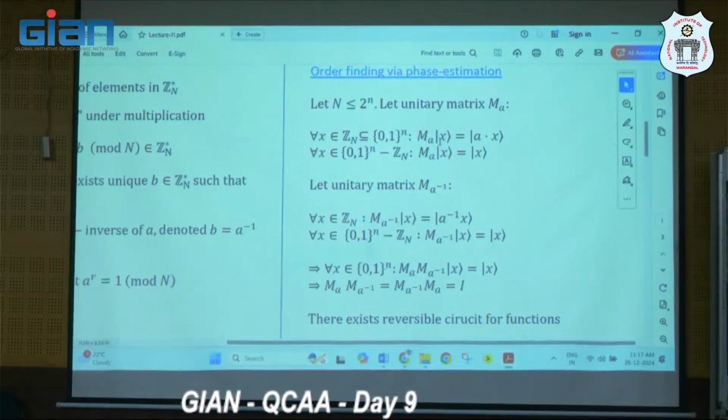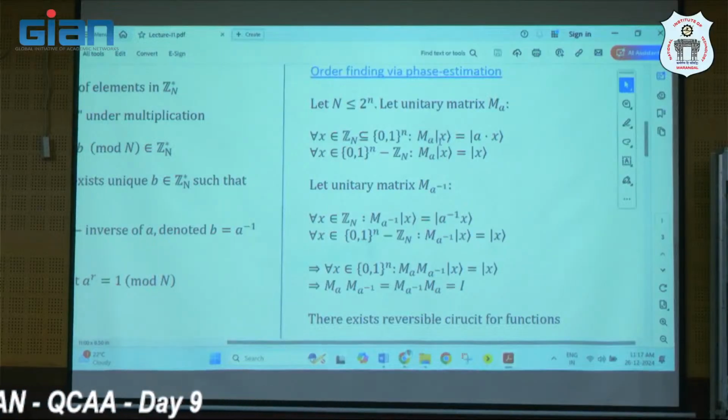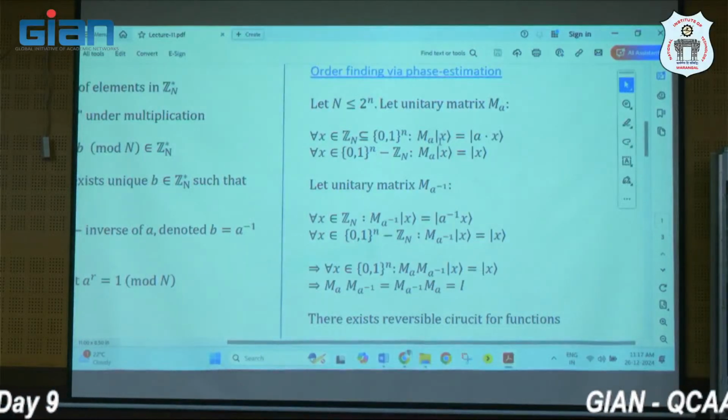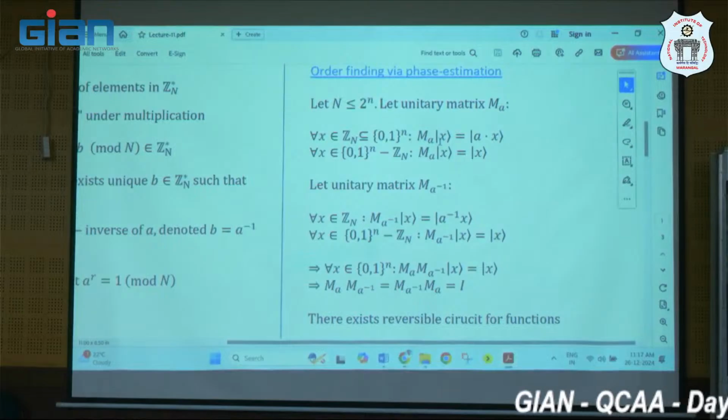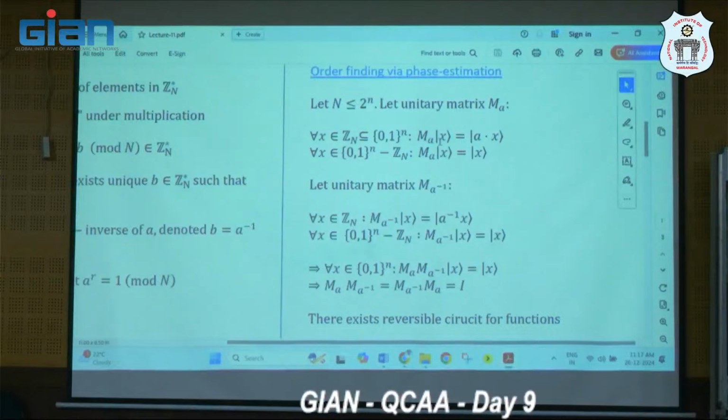Let us assume that n is less than or equal to 2 to the n. I am saying for now, you can even assume n is equal to 2 to the n.